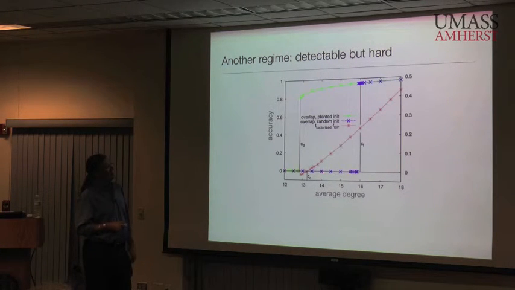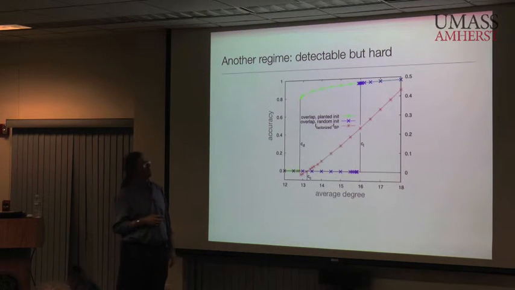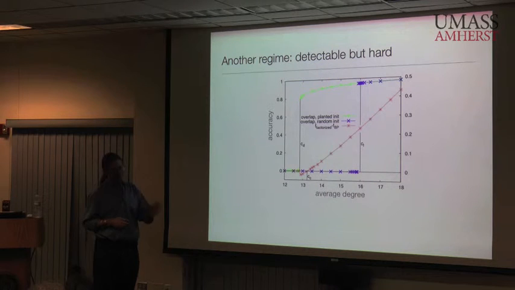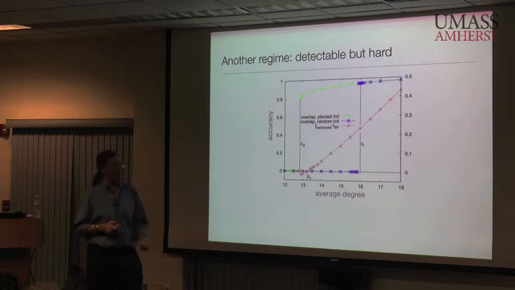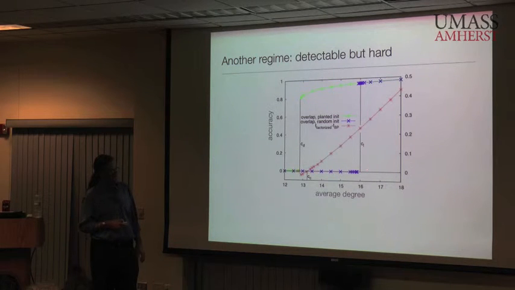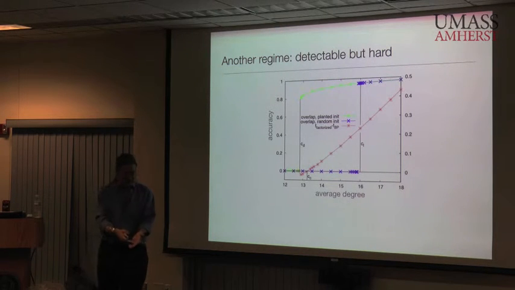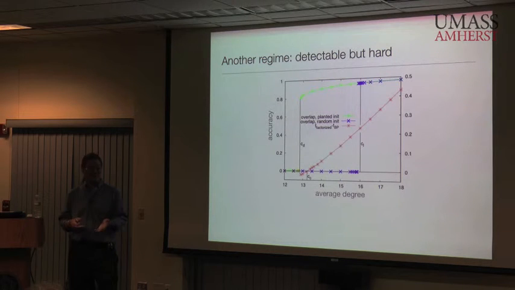For more groups, more stuff happens. So here, there is an intermediate regime. This is actually this thing called the planted 5-coloring problem, so I'm not sure I want to go into details. But let me just say that in this regime, belief propagation has two competing fixed points, indeed sometimes more than that. Here's the trivial fixed point, which is no better than chance. It is locally stable, but it's not globally stable.